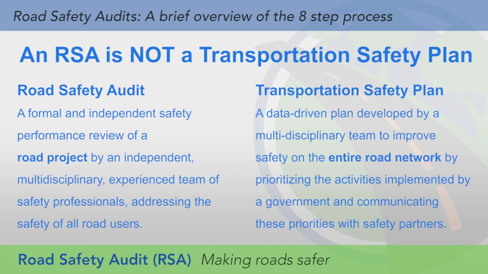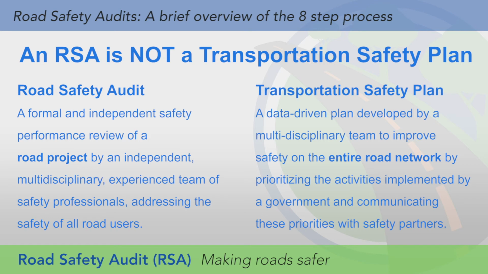I did want to take just a minute to mention that road safety audits are actually very different than a transportation safety plan. If you're involved with the tribal transportation program at all, you've heard a lot from us about these transportation safety plans.